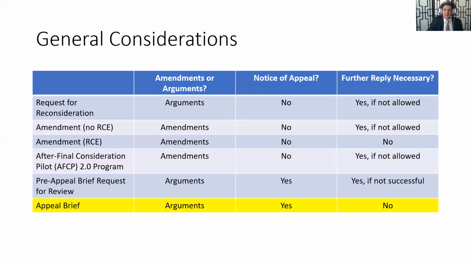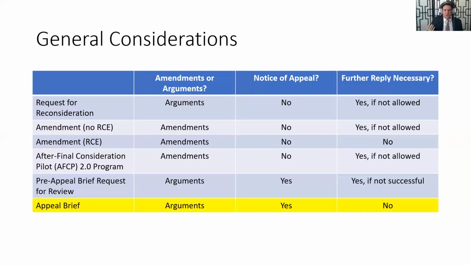And a further reply, it does stop the clock in terms of your final office action. The notice of appeal, when you file the appeal brief, the examiner will have to file an examiner's answer or reopen prosecution or allow the case.